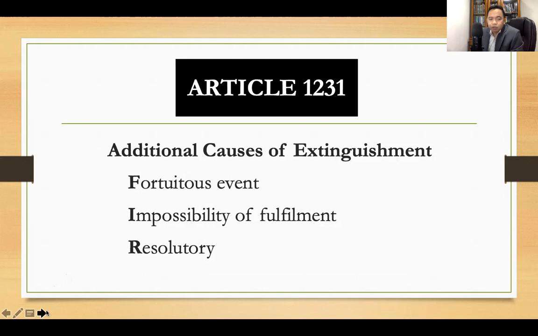You have fortuitous event or loss of the thing through a fortuitous event, impossibility of fulfillment. Now, when you say impossibility, this can be legal impossibility or physical impossibility. When you say physical impossibility, the undertaking or the obligation is physically impossible or is incapable of performance through human limitations.